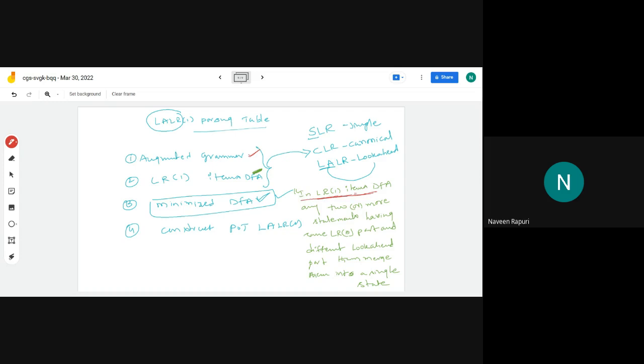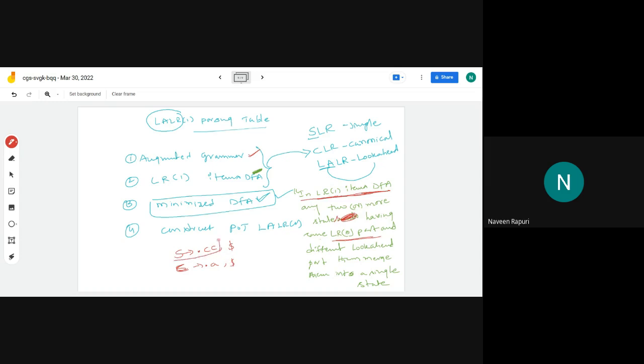By taking that LR1 items of DFA, any two or more states having the same LR0 part: S derives dot CC comma dollar, C derives dot a comma dollar.